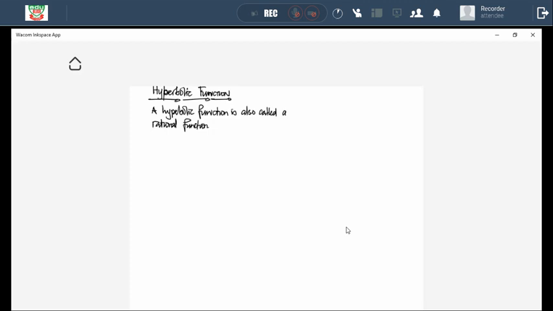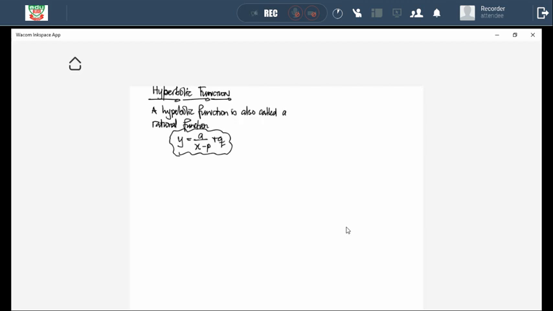The structure of the equation of a hyperbolic function is something of this sort: y is equal to a all over x minus p, plus q. That's how a hyperbolic function looks functionally.